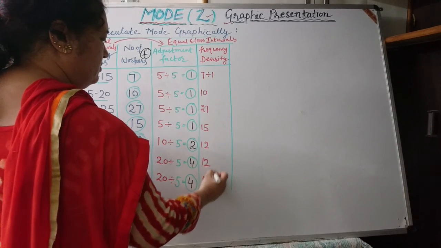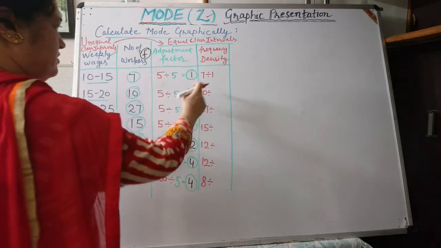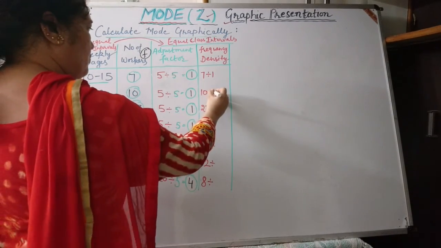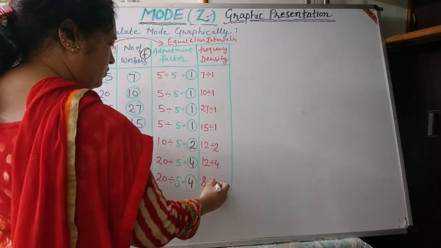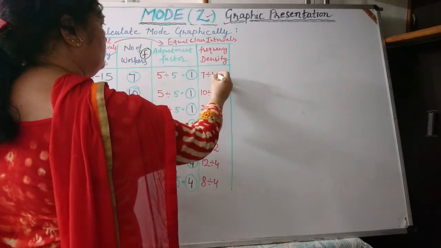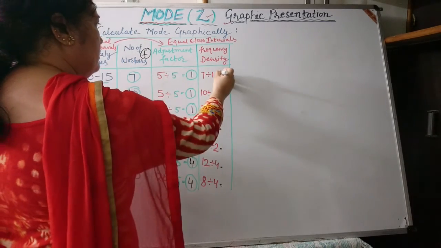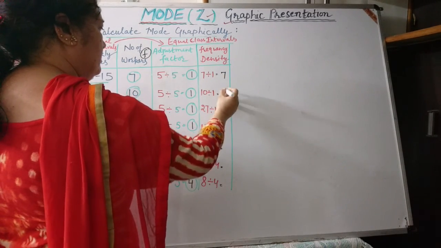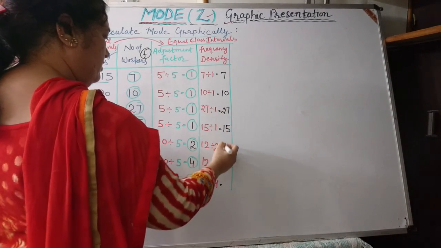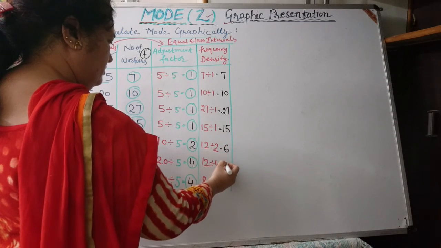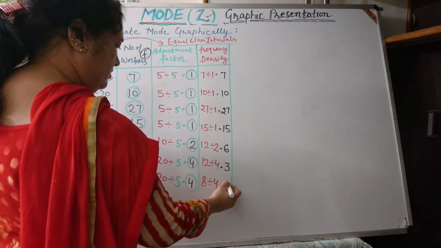These frequencies will be divided by these adjustment factors 1, 1, 1, 1, 2, 4, 4, which will be equivalent to 7, 10, 27, 15, 6, 3, 2.